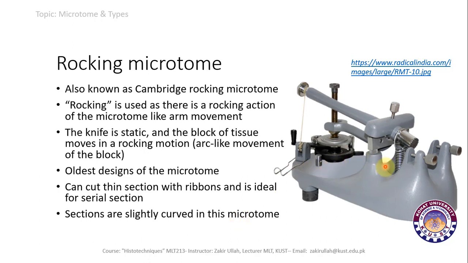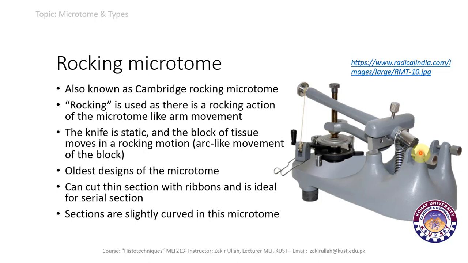This is the picture of the rocking microtome. This is the arm, and it moves upward and downward. Here the tissue is fixed in this area, and it contains the blade. So this arm moves in a rocking motion, and then a serial section, a ribbon, is formed in this way.